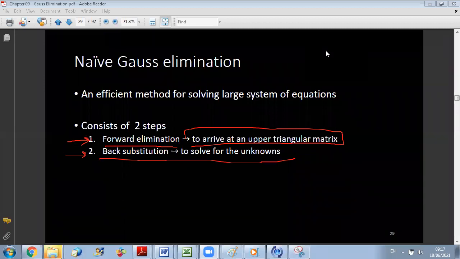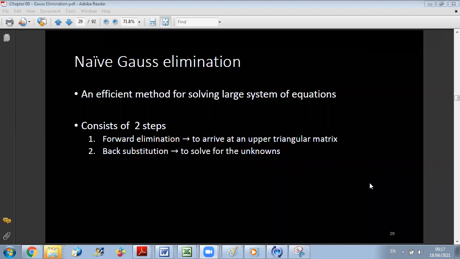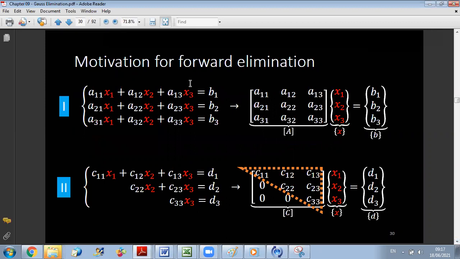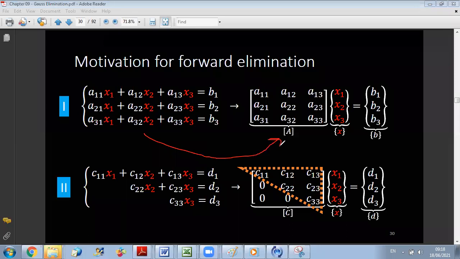So to start with, what is forward elimination and why do we need to do it? To understand this, we will just take a small example. Consider the following linear system of equations, and we want to convert it to matrix form. As we said, we can write it in the form matrix A times matrix X equals matrix B. Matrix A will be constituted by the coefficients multiplying x1, x2, and x3.